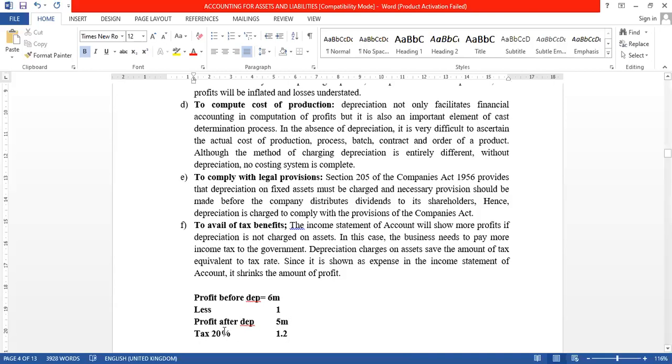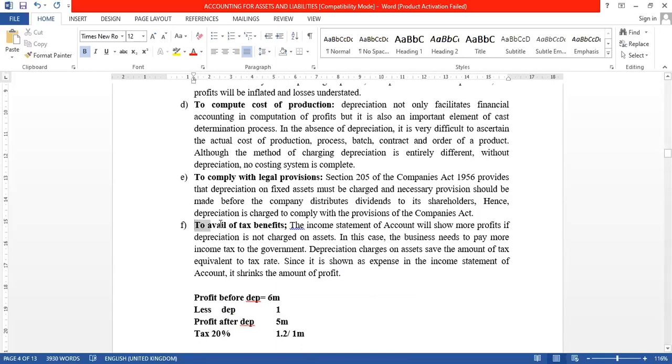And therefore tax that you will pay on this will be 20%, which becomes 1 million. And therefore, as you can see, you've been able to reduce your tax by 200,000 because it has reduced from 1.2 that you'd have paid if you had 6 million profit to 1 million that you would pay after deducting depreciation, right? I hope that example is clear.